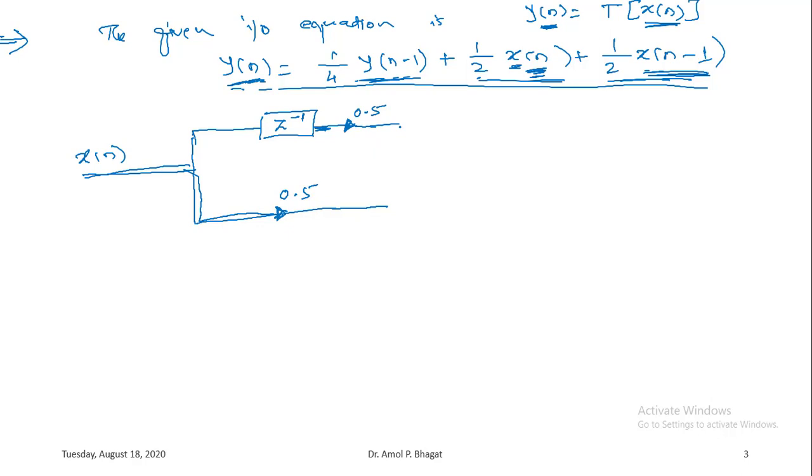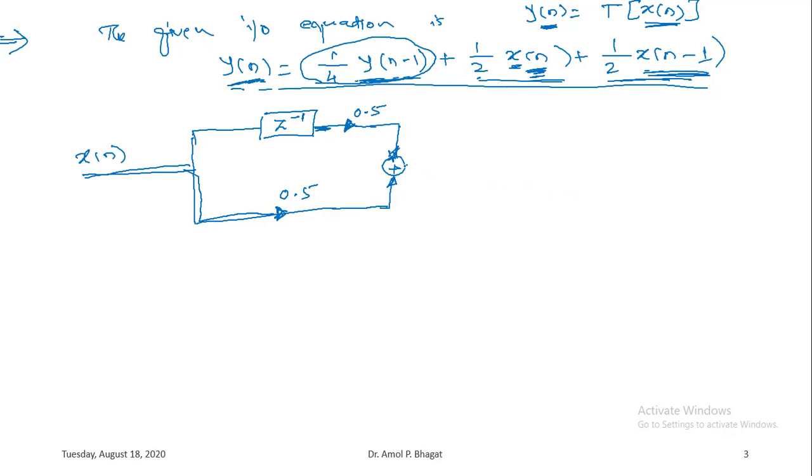Next I have to add these two values, so I will require an adder. After adding these values, next I have to add the remaining term to this resulting value. How can it be done?